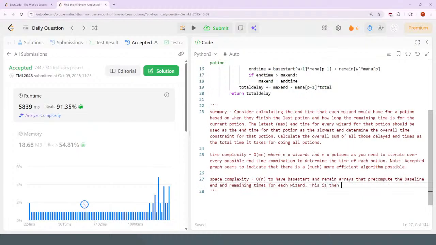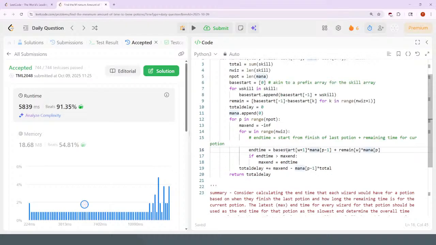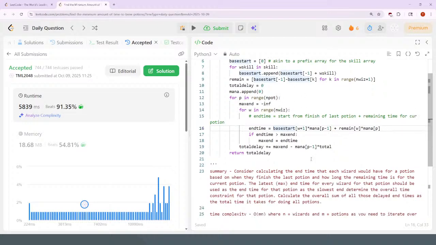This is then used, the values in these arrays are scaled by the mana cost of the current and last potions to get the time values. Otherwise you would need to do the multiplication and then maybe store it within a matrix or something.